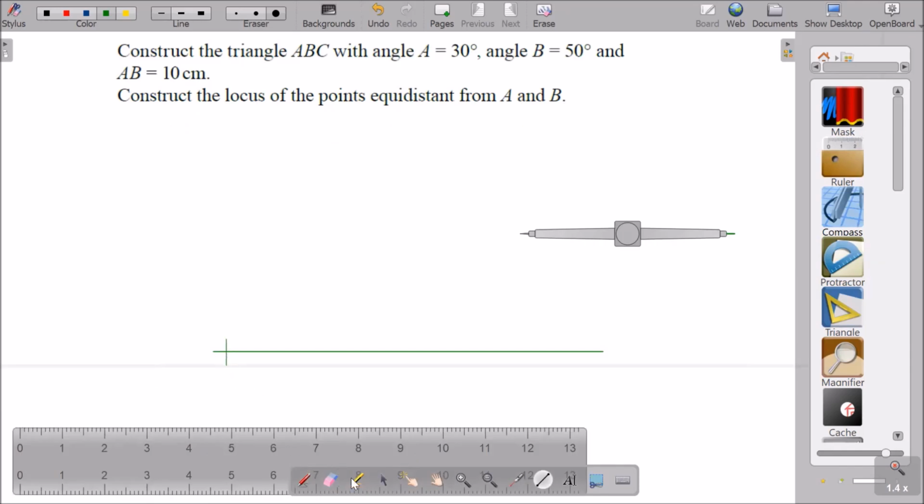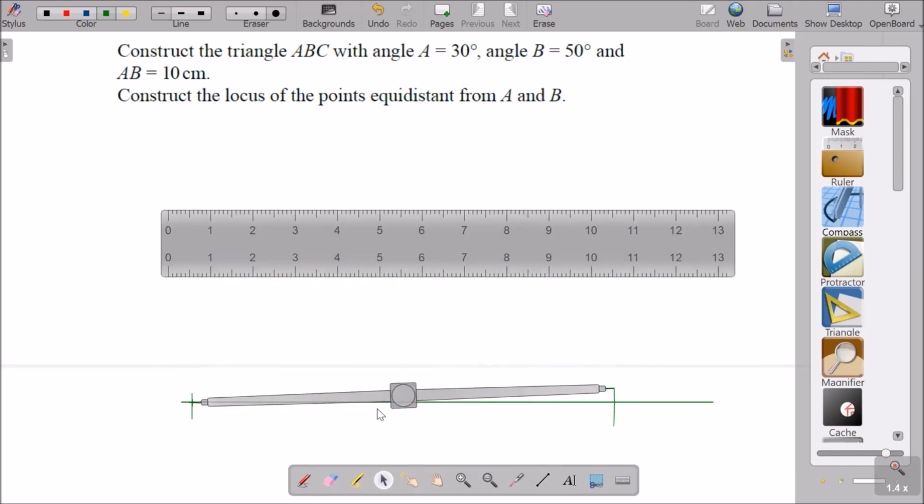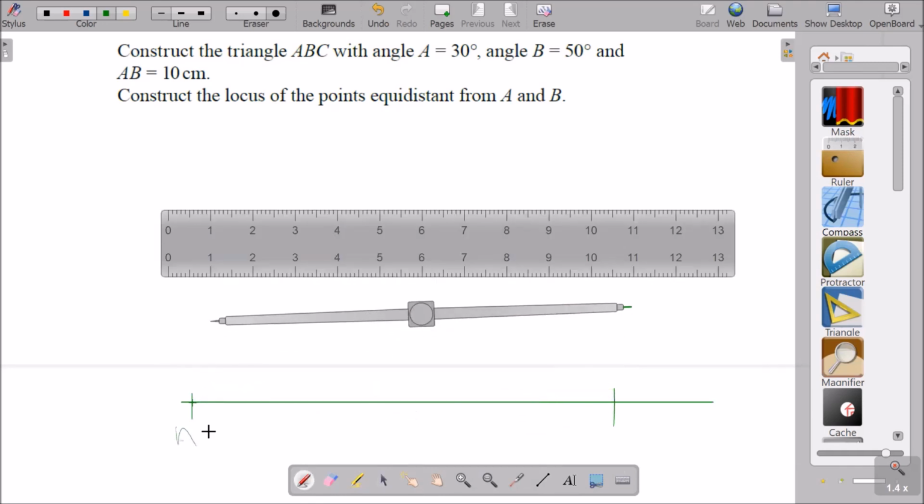That's our A. Then measure 10 centimeters to B. AB is 10 centimeters. Now let's take our compass, measure 10 centimeters. So this is B.